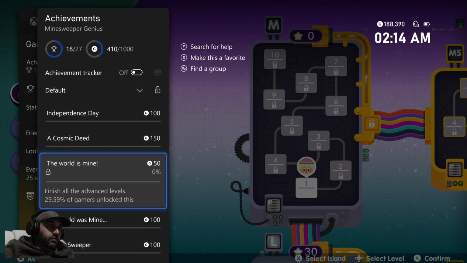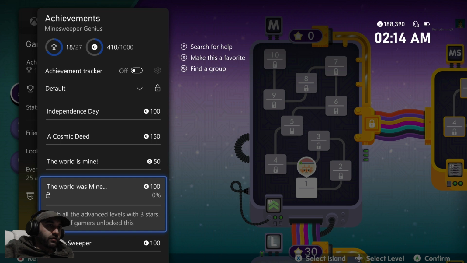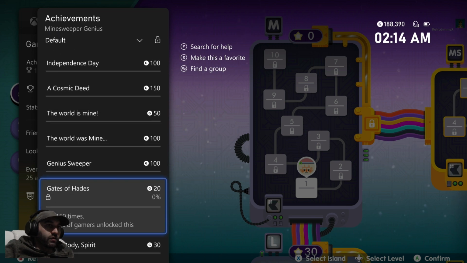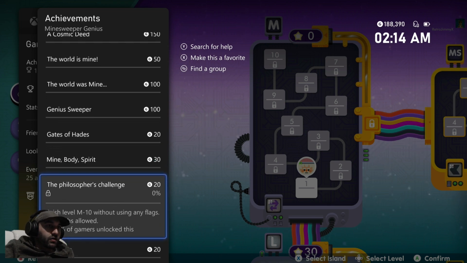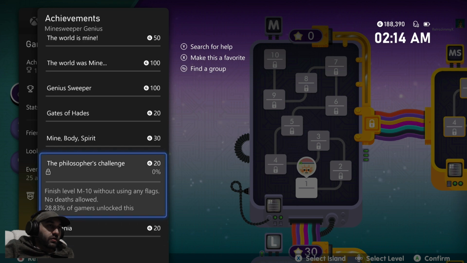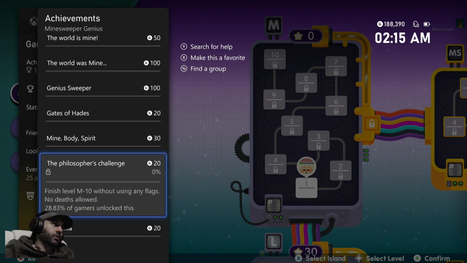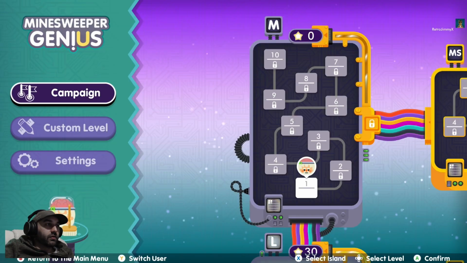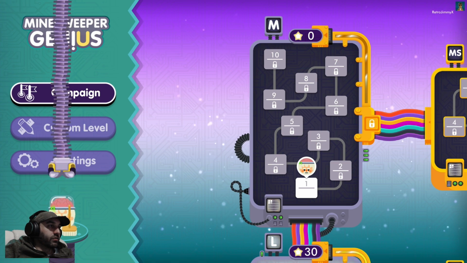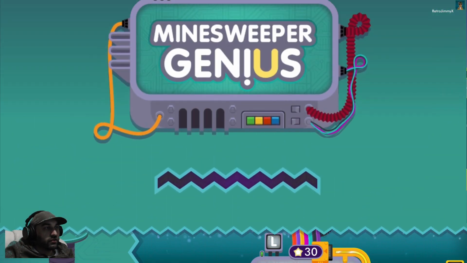Finish the game, finish all advanced levels, swap 5,000, die. Well, we've got level M10, no flags, no deaths, MS5 without letting Harry fall asleep. Oh my God. So I'm just going to have to be thinking on my feet, really struggle for it. No flags, no deaths on M10.